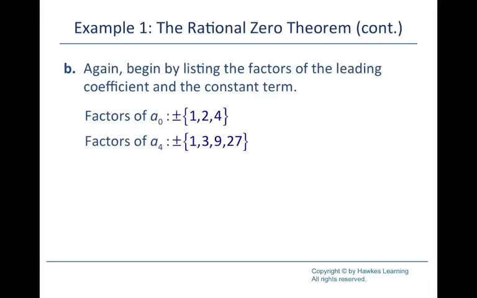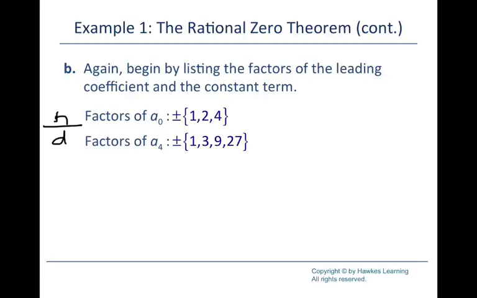We've got factors of 4: 4 times 1 and 2 times 2. We've got factors of 27: 1 times 27 and 9 times 3. Alright, then we're going to start listing them. And I usually just start with a 1. This is our numerator, and this will be our denominator.